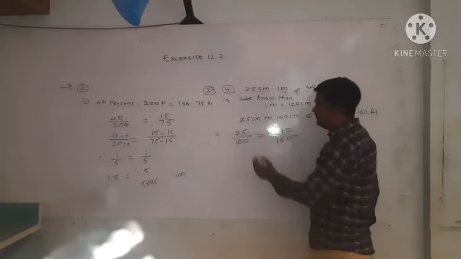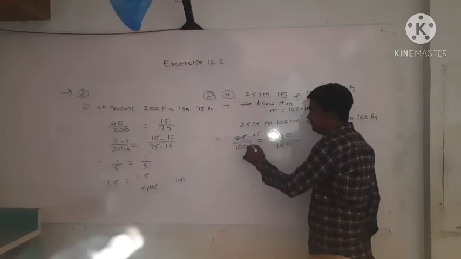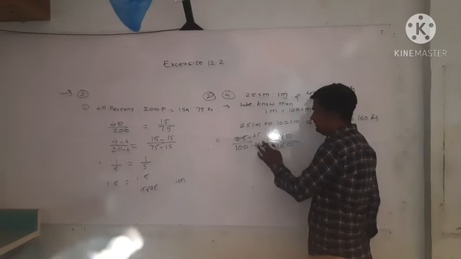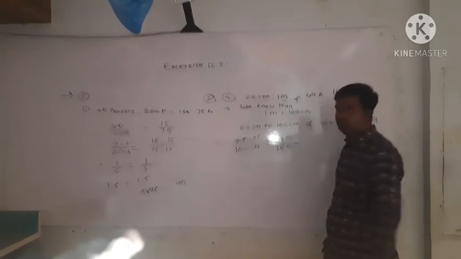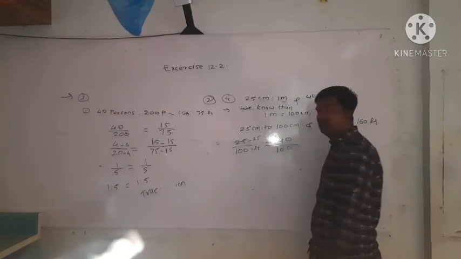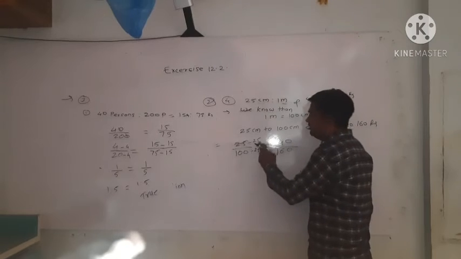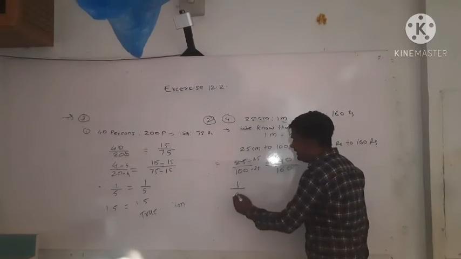Now see, in which table are both numbers? In 25 number table. Solve directly. We want tables here. If you don't know the tables, you can't give the simplest form, so you can learn the tables also. 25 ones are 25, 25 fours are 100.